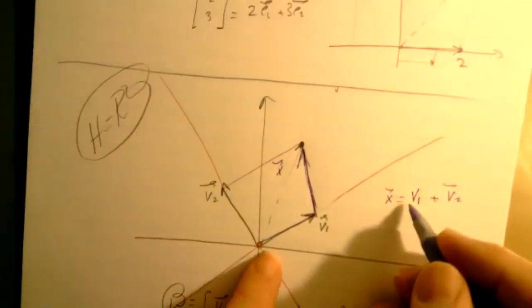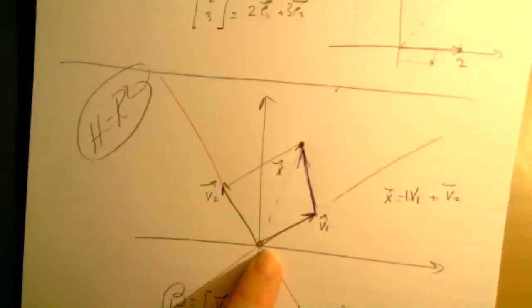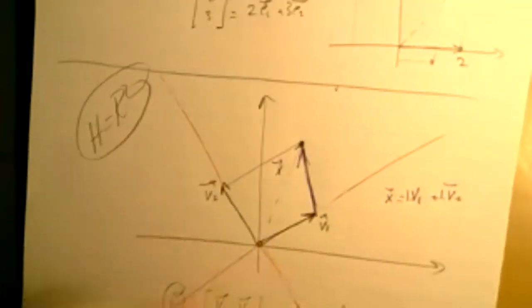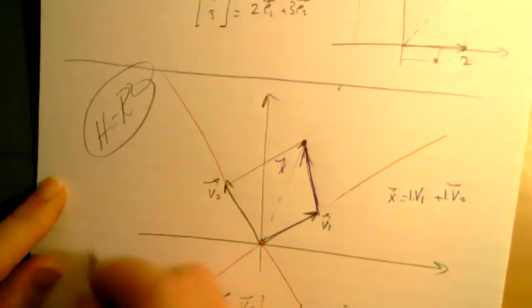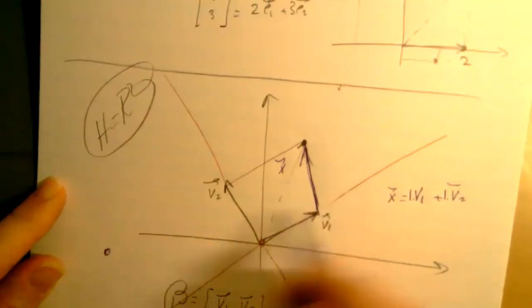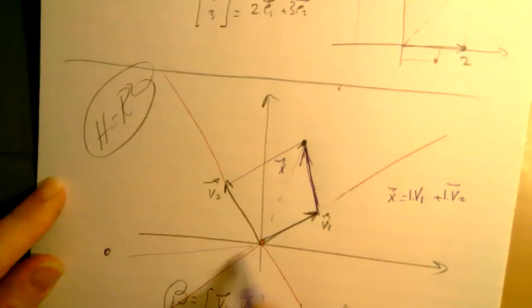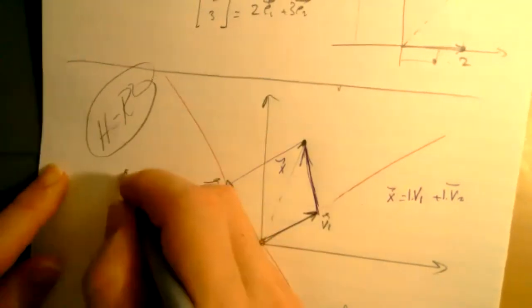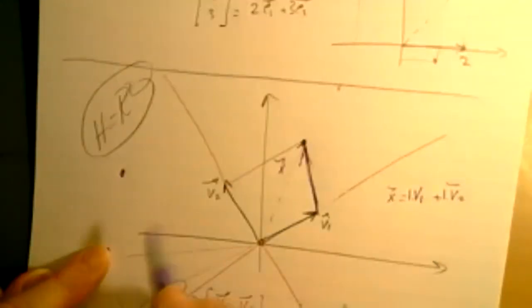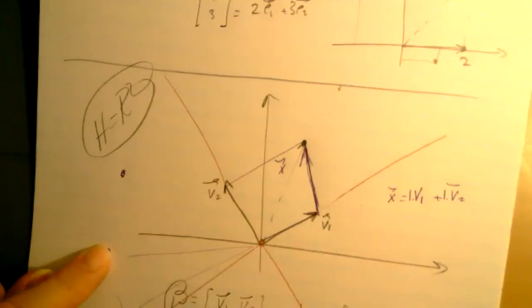It means I need to go 1 unit in this direction and 1 unit in this direction to get to X. And I can express any vector I want as a combination of those two. It means if I pick any point, I can tell you how to reach it following V1 and V2.